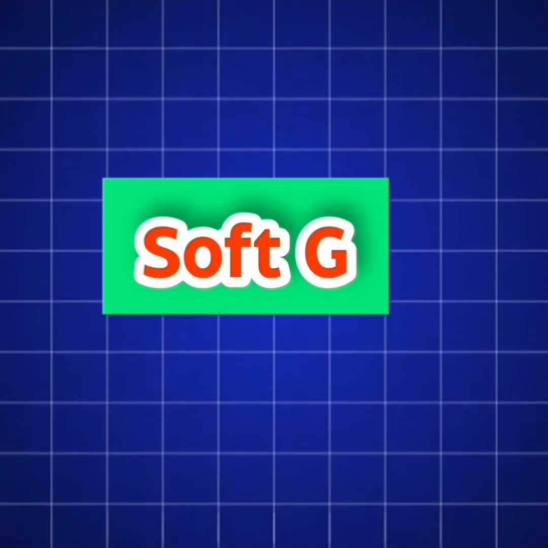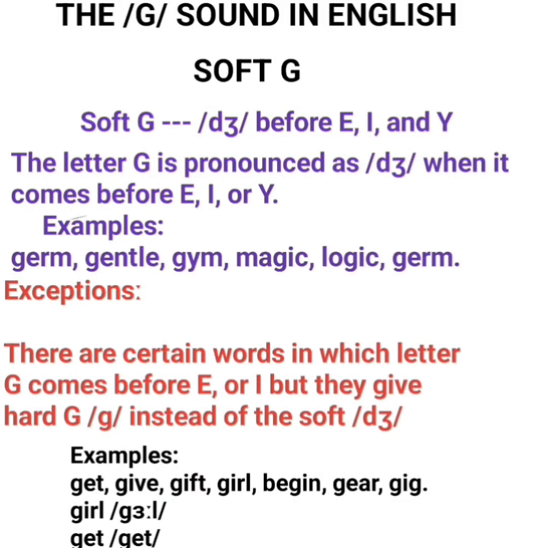Now to the soft G, which gives the /j/ sound, as in magic, logic. For instance, have you seen that it is different from the G that we first pronounced? This one we are dealing with is the /j/ sound. We have the soft G whenever the letter G is followed by the remaining vowel letters.